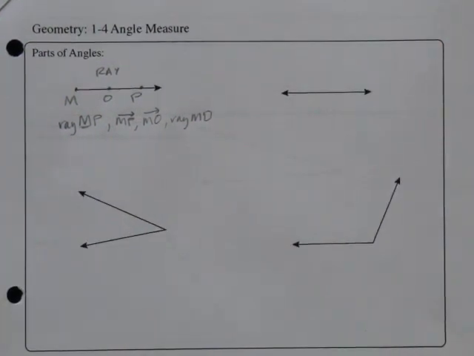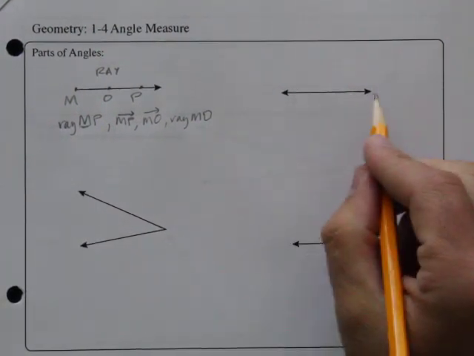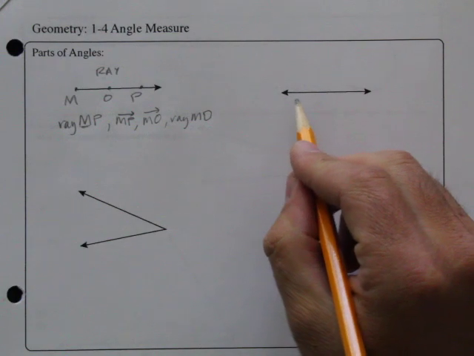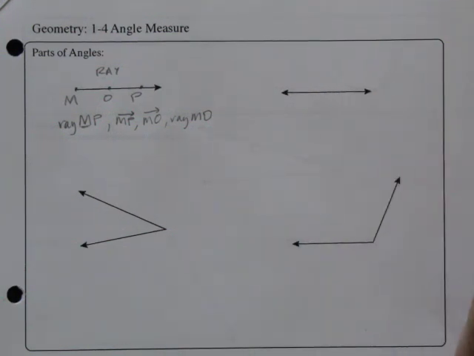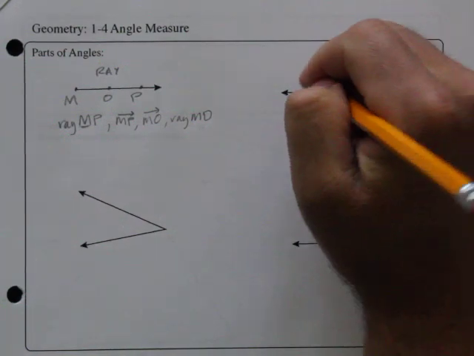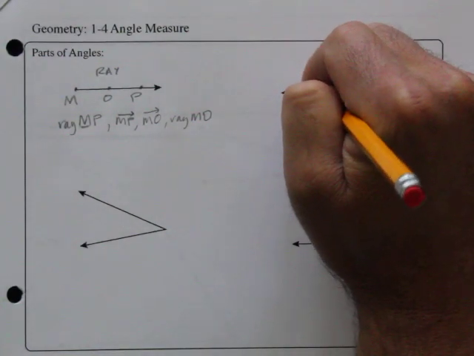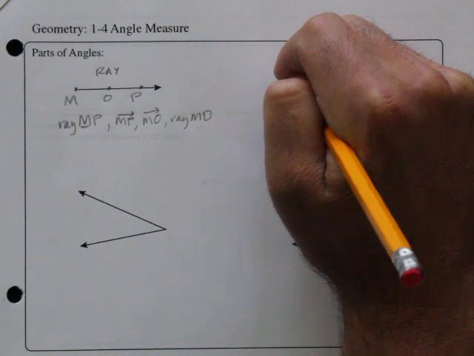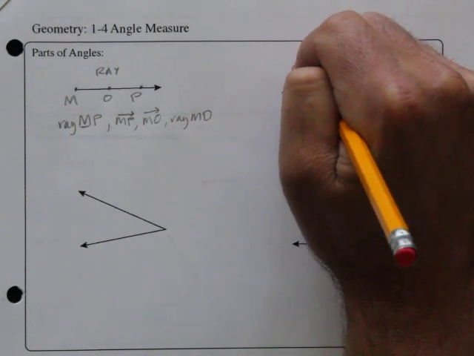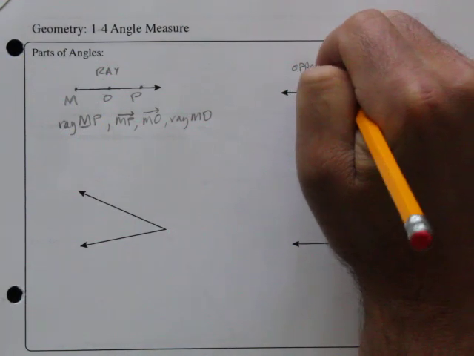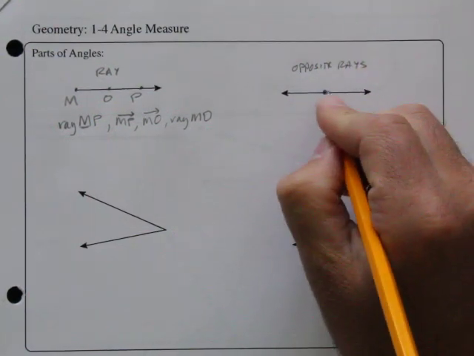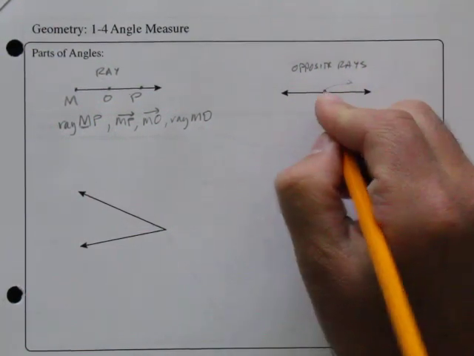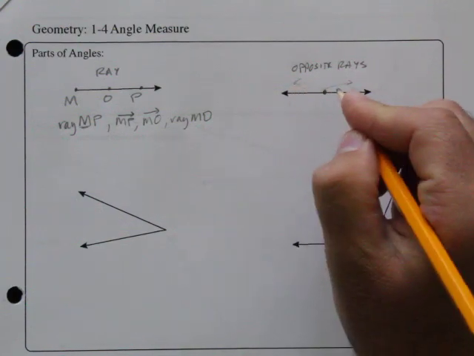All right. Now let's look at this line right here. So we've learned that this is a line, a straight line here with arrows on each side. But we could also look at it in a different way. We could also look at this as opposite rays, meaning this ray starts here and goes to the right, and this ray starts here and goes to the left.